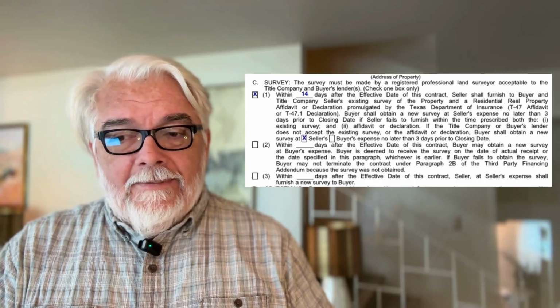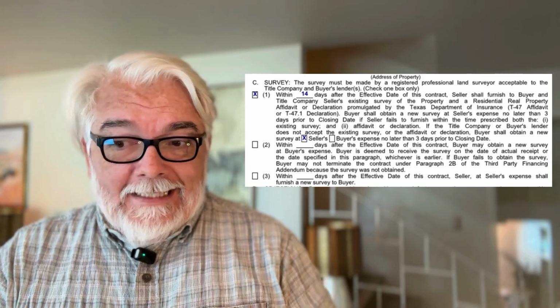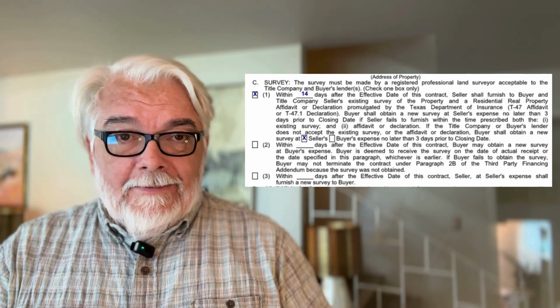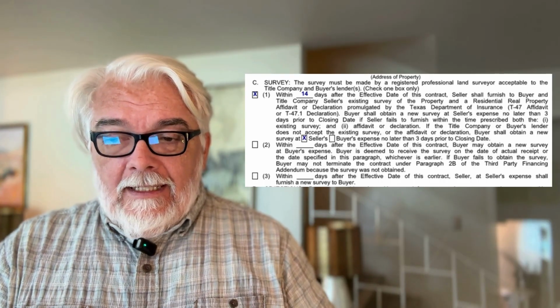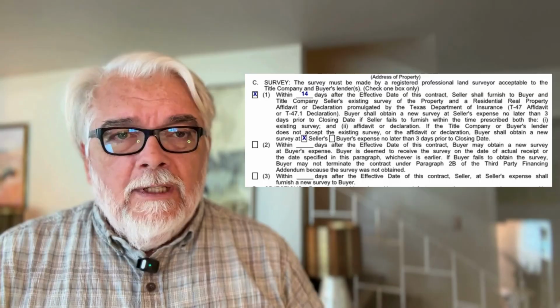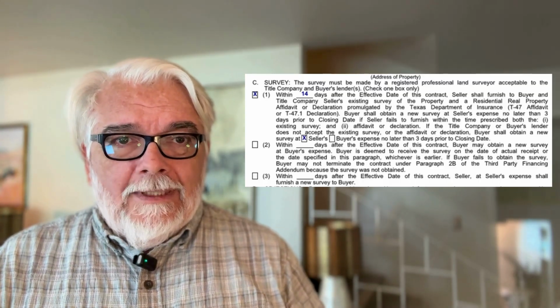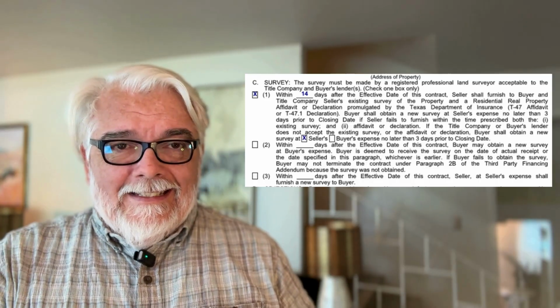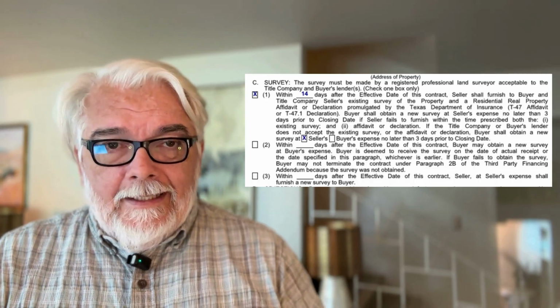And that T47 is either a T47 affidavit or a T47.1 declaration. I'm going to cover each of those probably in future videos, but to sum it up, the T47 is a notarized document that the sellers, plural or singular, sign in front of a notary.